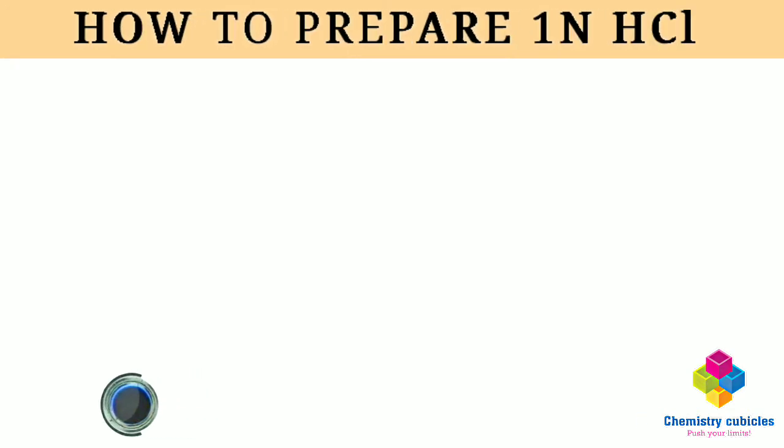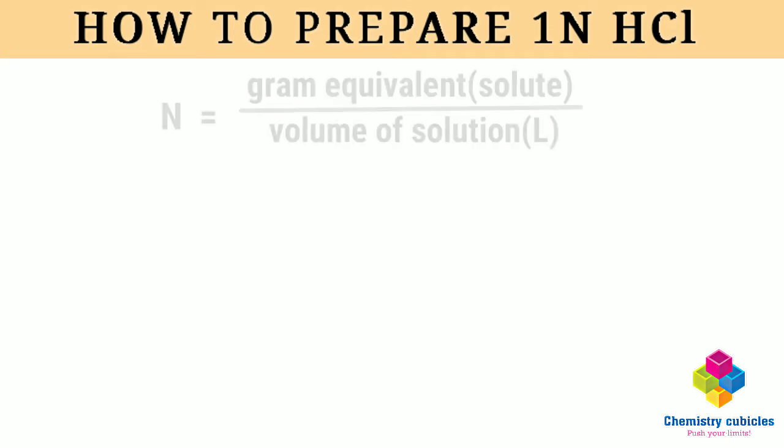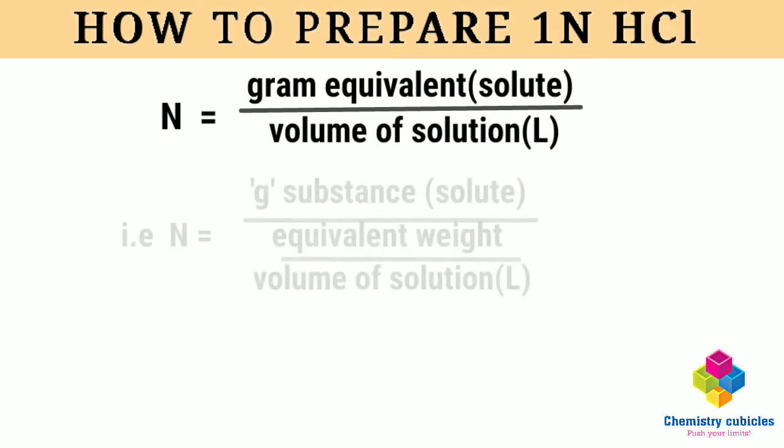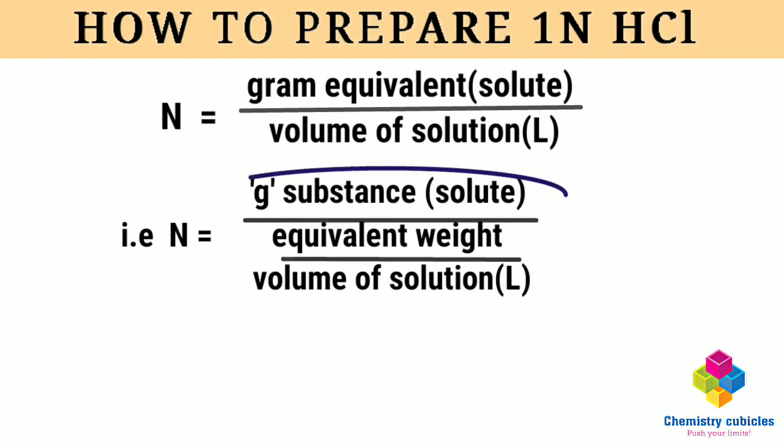In this video, I will tell you how you can prepare hydrochloric acid, that is HCl, of any given normality. Since we know that normality is given as gram equivalent of solute divided by the volume of solution in liters, in this formula we have to put the weight of the solute in grams.